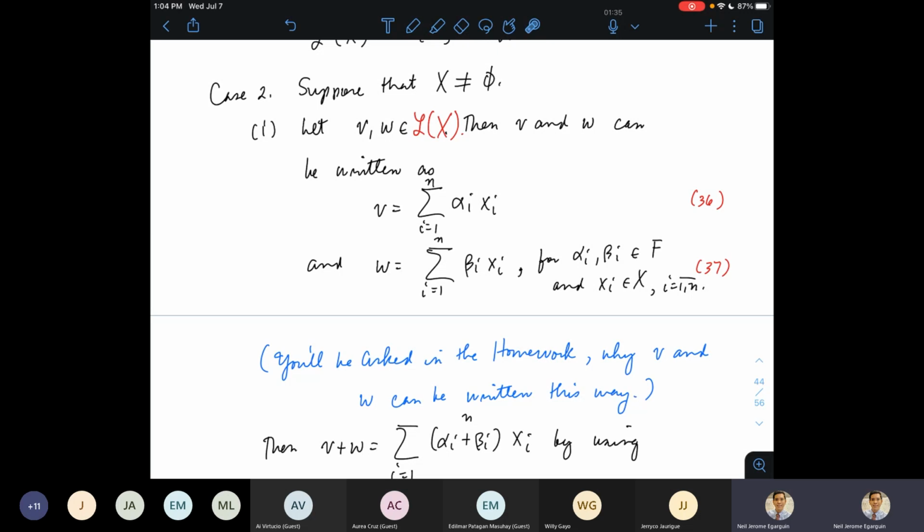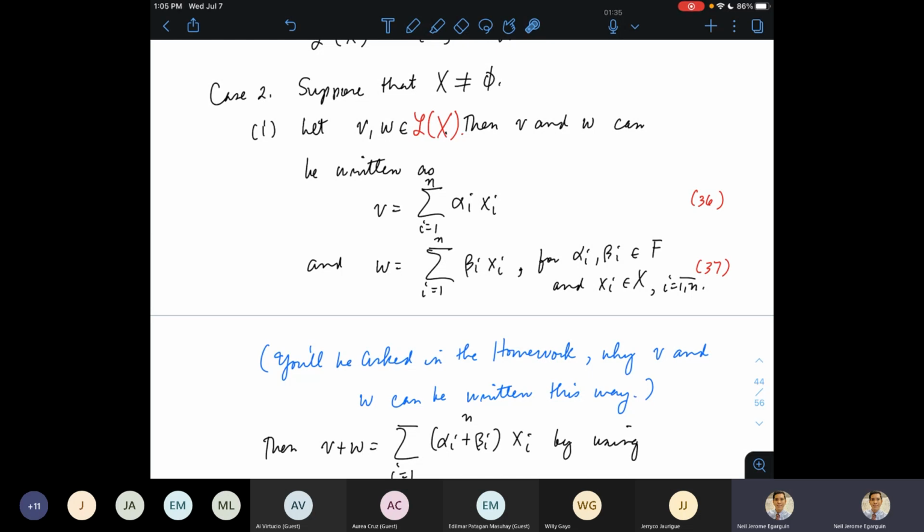Now, I said that you'll be asked in the homework why V and W can be written this way. Probably I just need to clarify this one. It is clear that it can be written as a linear combination of elements of capital X, right? That's clear, because they are in bracket L of X. But why specifically can I write them in the forms given in 36 and 37?